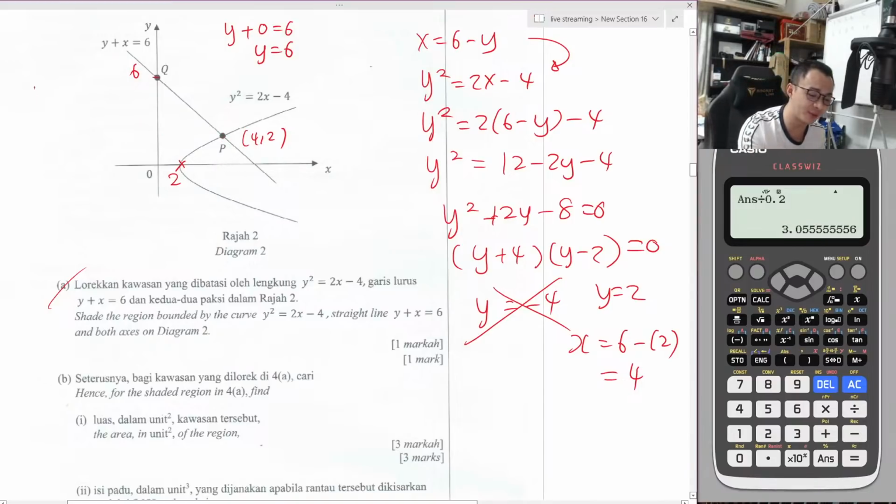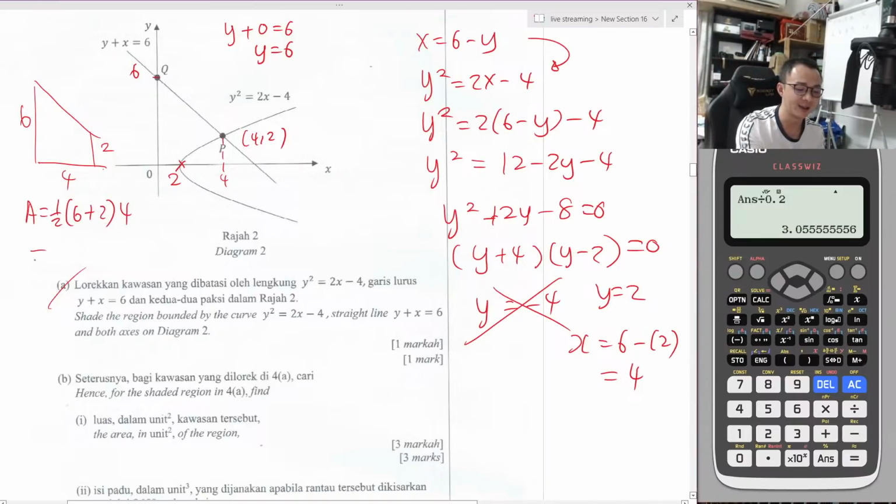For the area of the trapezium, from 0 to Q here is 6 units, here is 2 units, and this is 0 to 4, so 4 units. The trapezium formula is half times (a plus b) multiplied by height. So this trapezium should be 16. I got the trapezium ready.